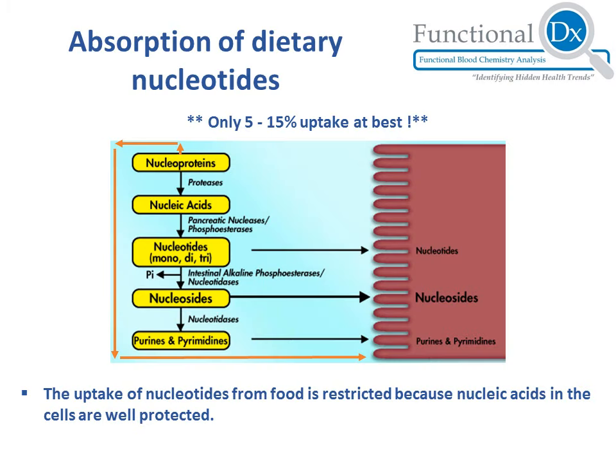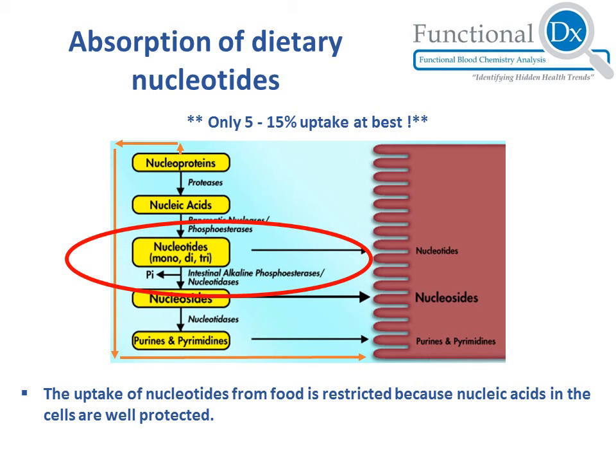We know that of the absorption of nucleotides, we only get 5 to 15% at best. Some of these slides you will have seen, and I've freely borrowed them from Peter and Rachel, and I had a couple of slides from Great Plains coming up. We know that in order for nucleotides to be absorbed, they need an enzyme, an alkaline phosphatase esterase enzyme.